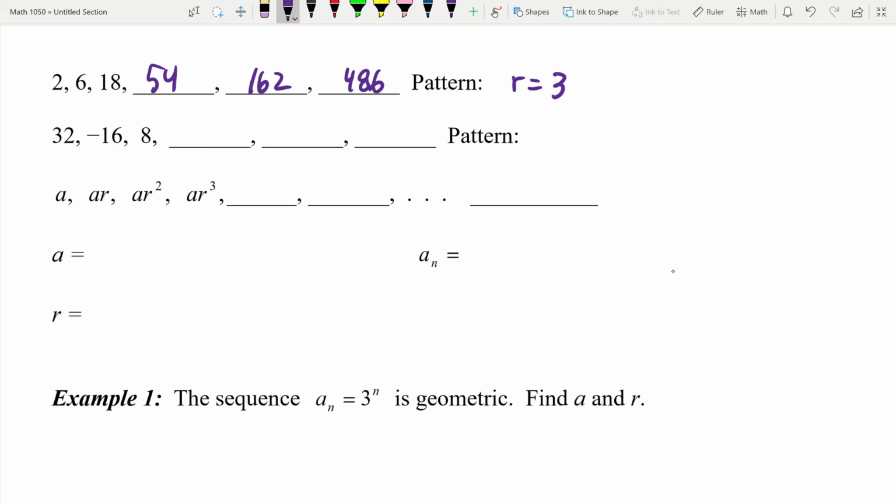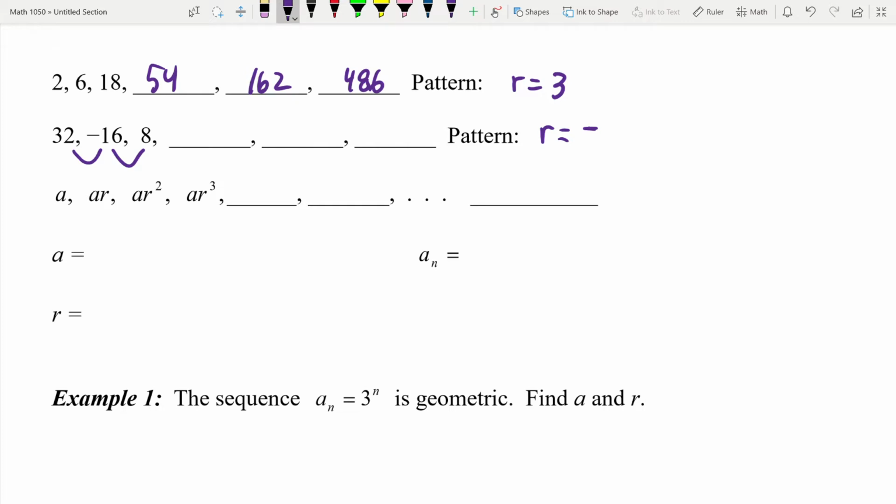Look what's happening here, guys. You go from a positive to a negative, and then from a negative to a positive. So the only way that's happening is if the ratio is a what, everybody? Negative. Now I want you to forget about the signs and just look at the numbers, because we just figured out the signs. From 32 to 16 and then 16 to 8, what am I doing?